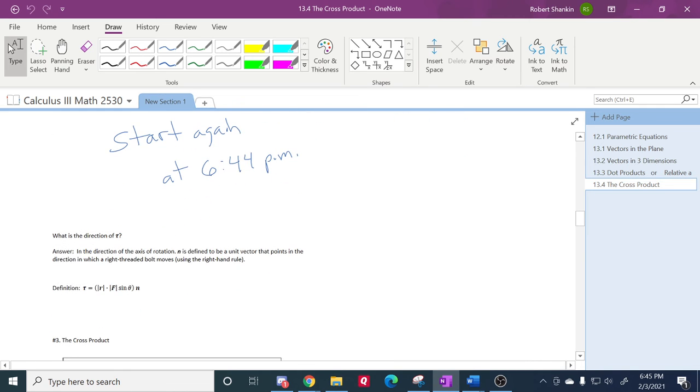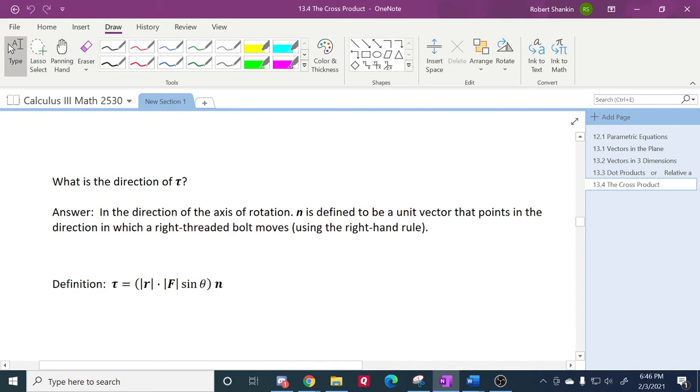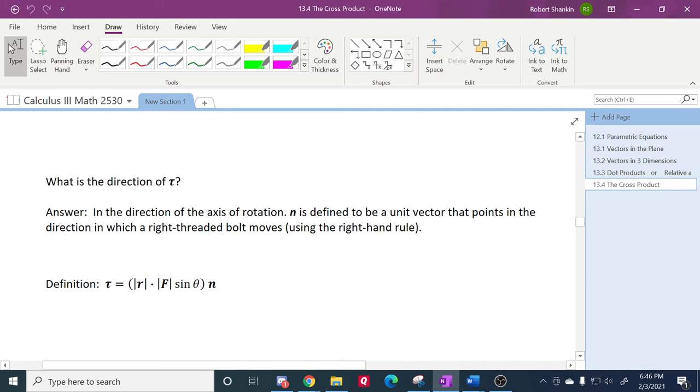Well, the answer is it's in the direction of the axis of rotation. N is defined to be a unit vector that points in the direction in which a right threaded bolt moves using the right-hand rule.